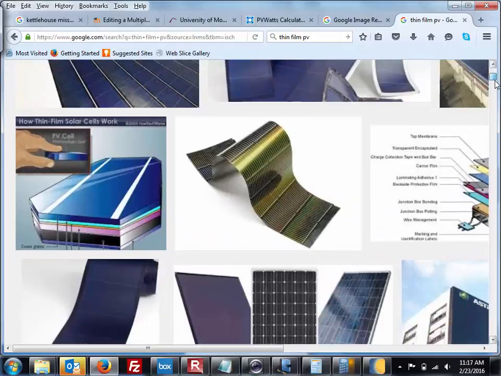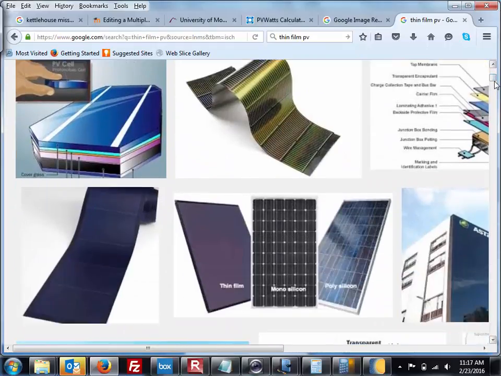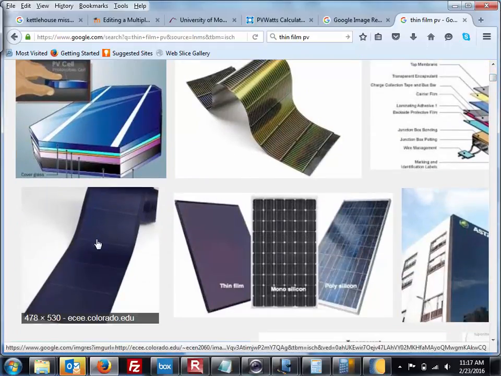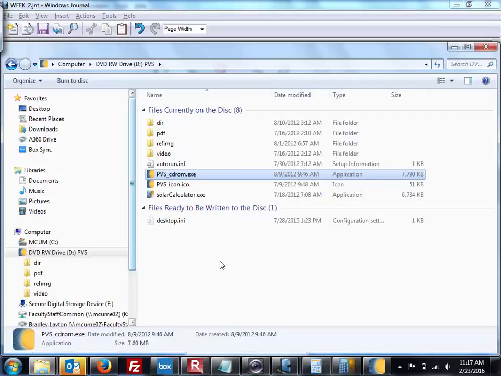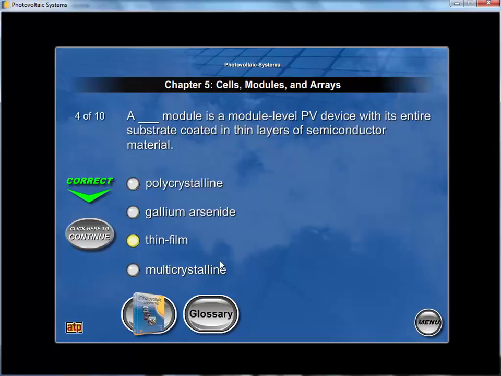I think the giveaway there was entire surface. If you look at this, you don't see the individual cells. That's the difference. That's where he's going with it. So I would have called this amorphous, but thin film. Okay, fine. So is that actually just one big cell, or are there cells hidden under the coating? That's a good question.